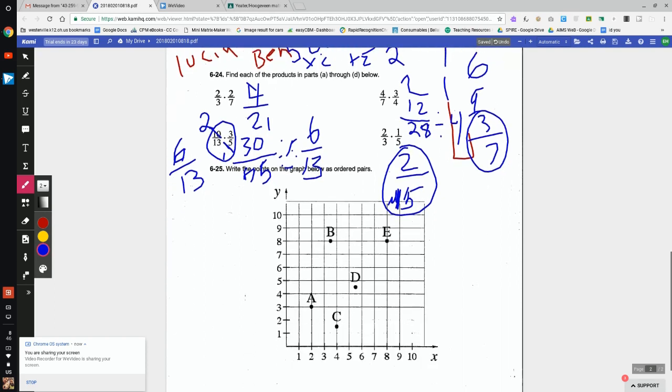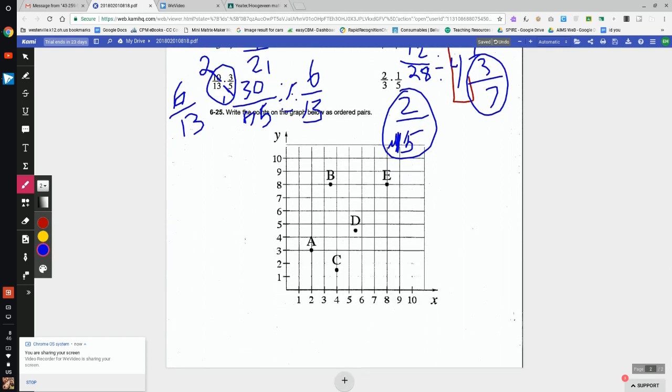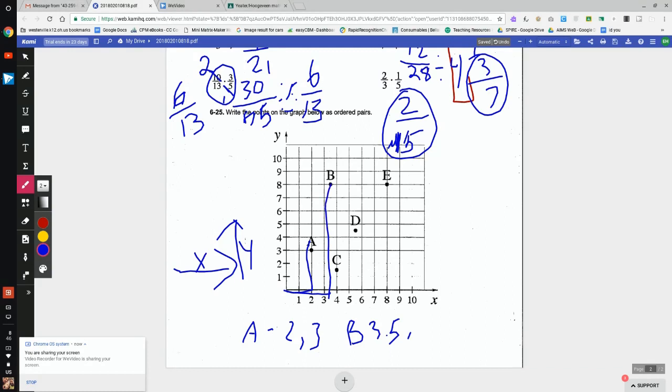All right, moving down to the last question. Write the points on the graph. So again, remember, x comes before y, so we go over x. Then we look at y for this graph, taking it at a over 2 up 3. So again, we have 2, 3. For b, we have over, looks like 3.5, and up 8.